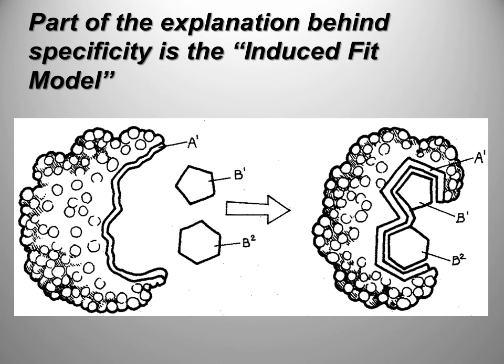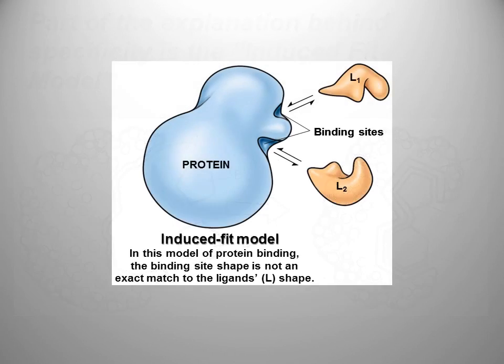You can see how the protein has now flipped over like a garage door closing on B1 here, and that change in shape now allows B2 to come in. B2 may never bind to the protein, or very, very rarely bind to the protein without first B1 binding. And so that's what we call induced fit. A way to sort of explain this would be almost like a baseball glove closing around a baseball as the ball flies in.